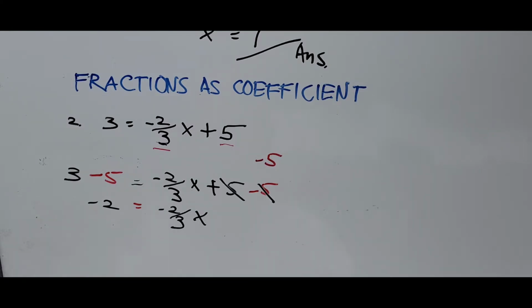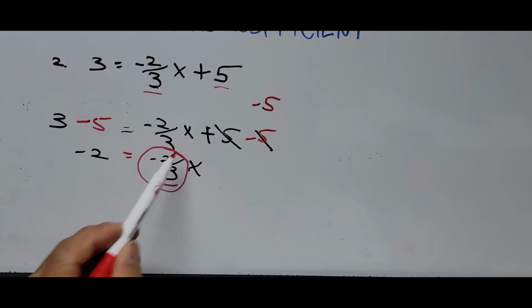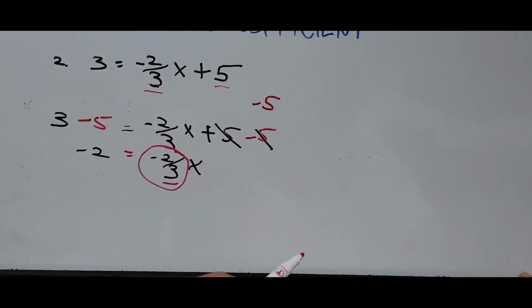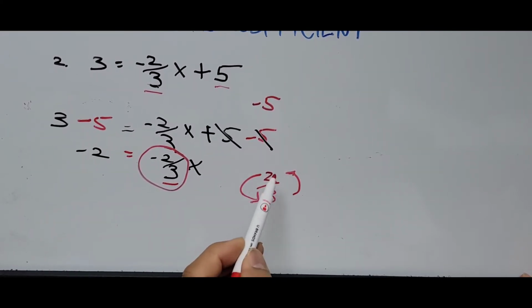Now the next thing to do, the second step, is to remove this negative coefficient. How are we going to remove it? We're talking about the coefficient right here. We're going to use the term inverse. So we multiply by the inverse of 2/3. The numerator becomes the denominator, and the denominator becomes the numerator.